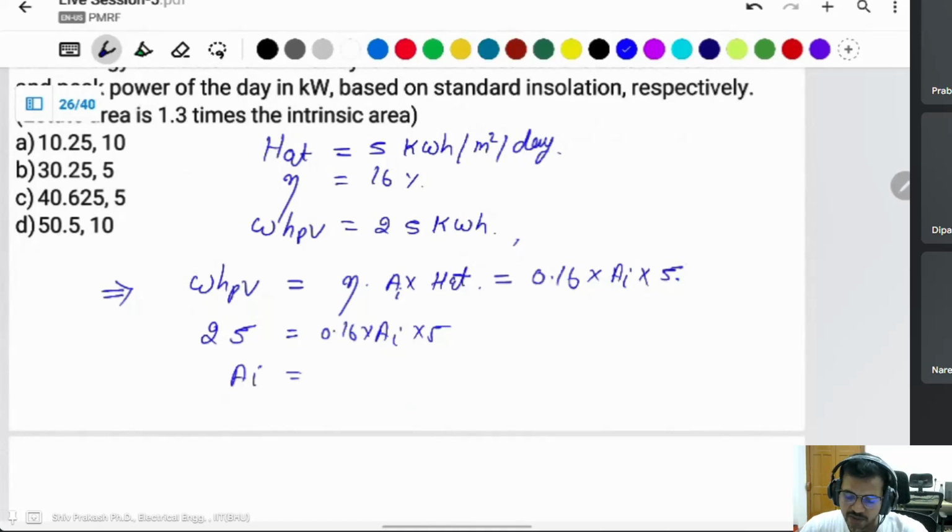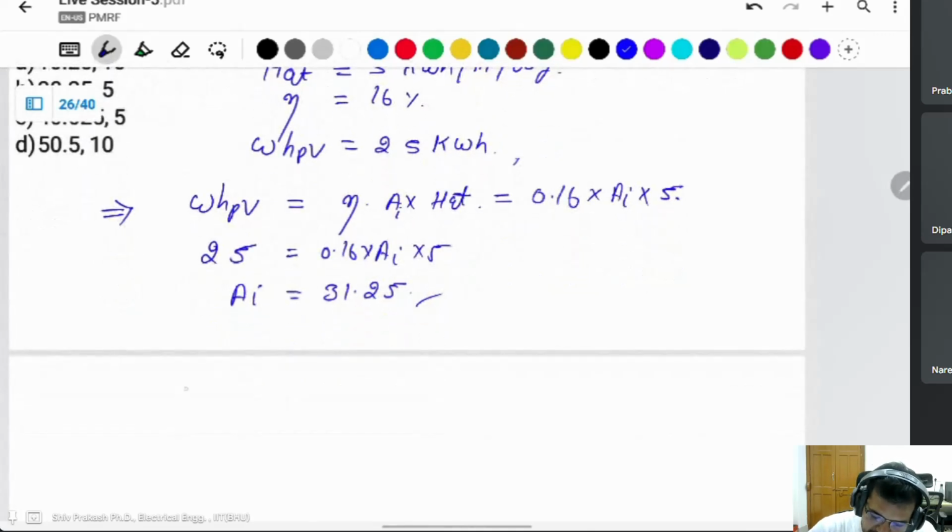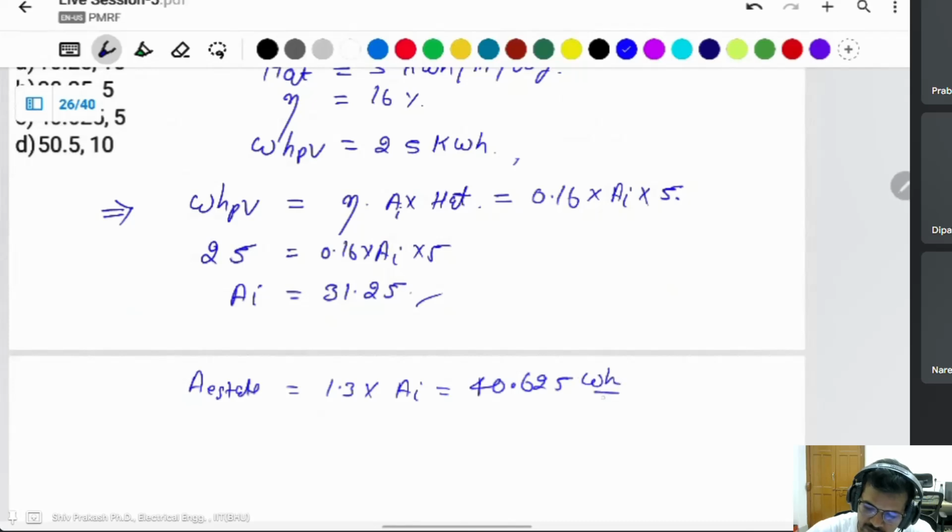What is the intrinsic area? 25 divided by 5 divided by 0.16, that is 31.25. The E state area is given in the question. It will be 1.3 times the intrinsic area. Area in meter square.